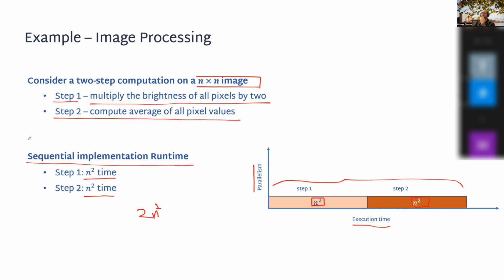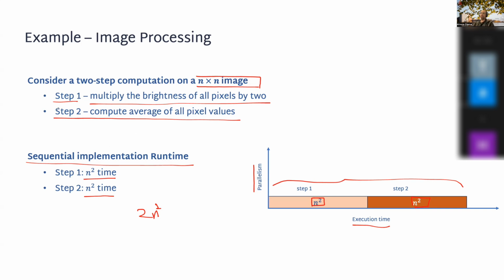Depending, we can give a number of pixels to each processor and have it increase those for us. And if we have too many processors, we can also do the average simultaneously.